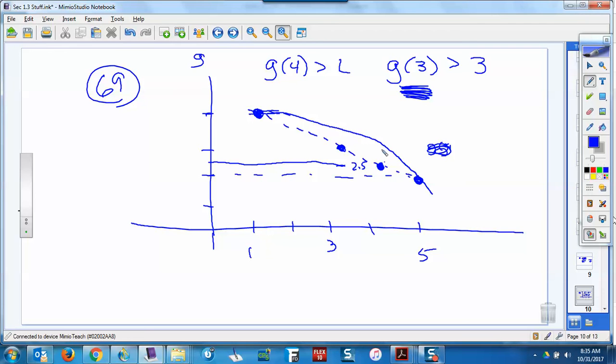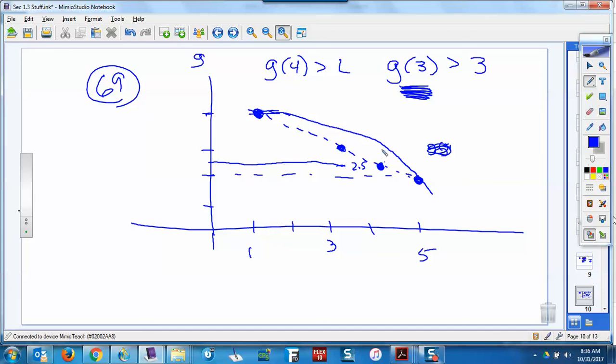Couldn't L be 0? Doesn't g of 4 have to be greater than 0? Now, I sense that some of you are saying, wait a minute, if you say g of 4 greater than 0, it could be 1, and that's not good enough, right? 1 is not g of 4, right?